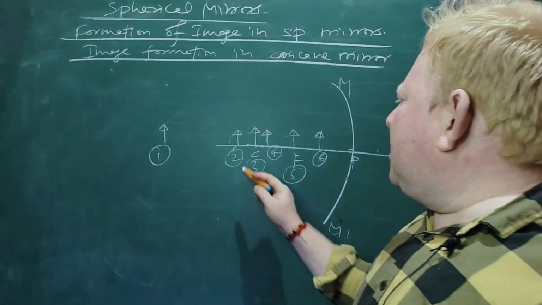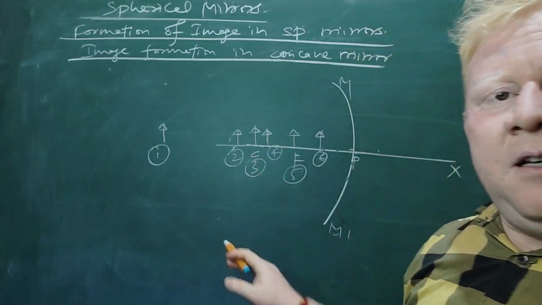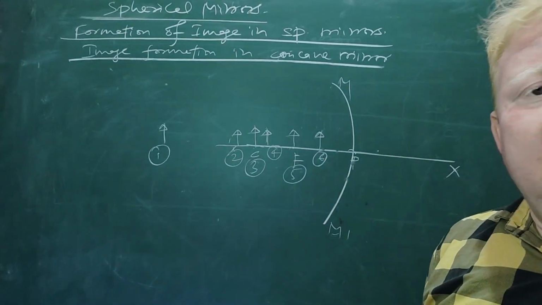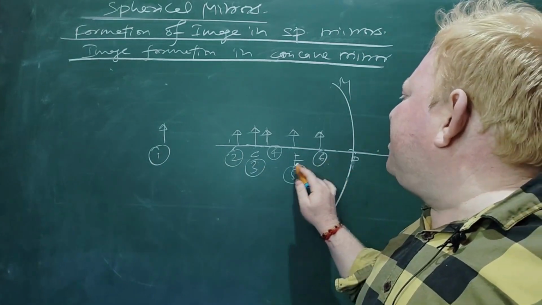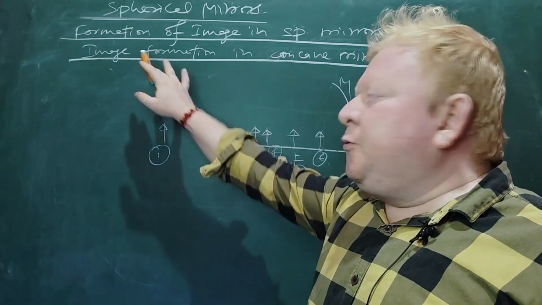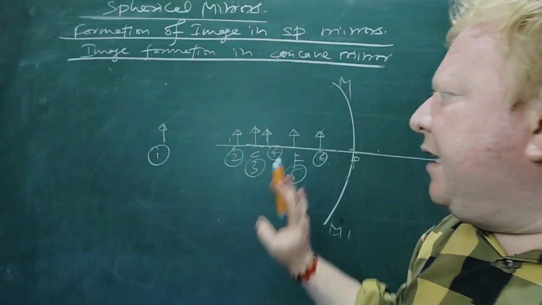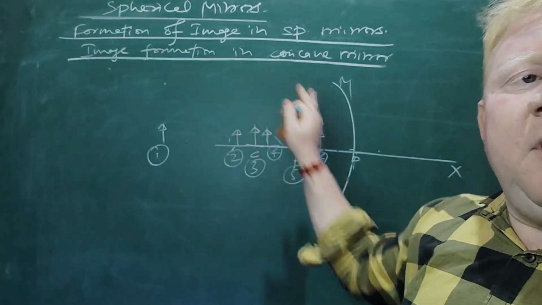So in total 6 positions are there where you can place the object so that its image would be formed. So we will discuss these 6 possible cases.